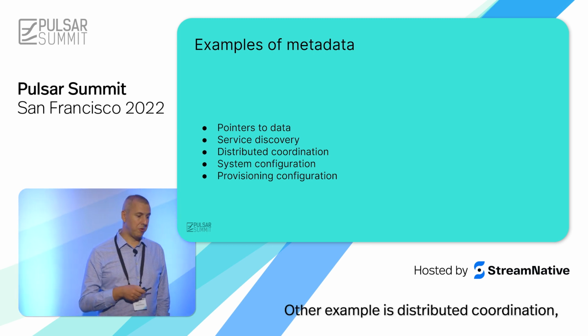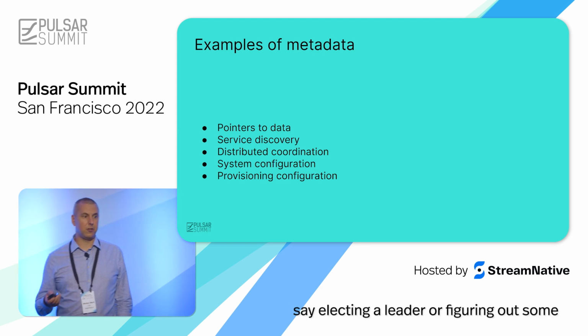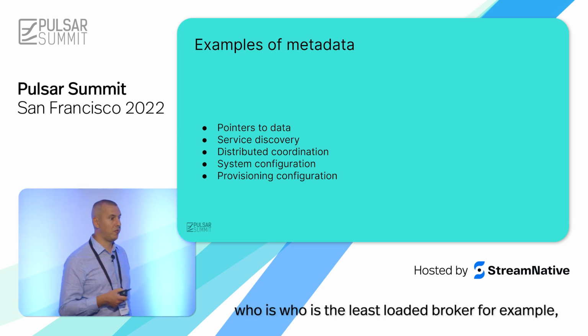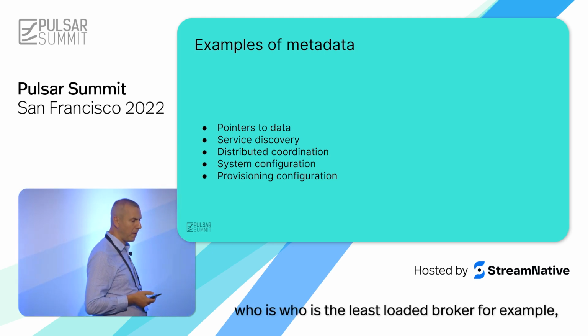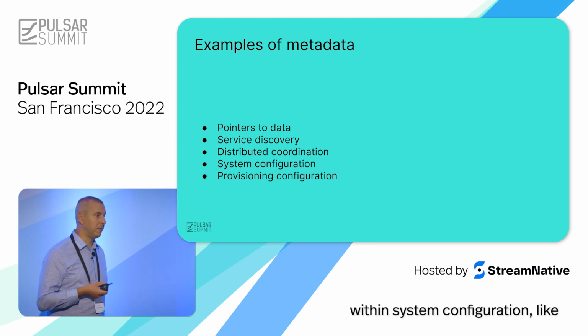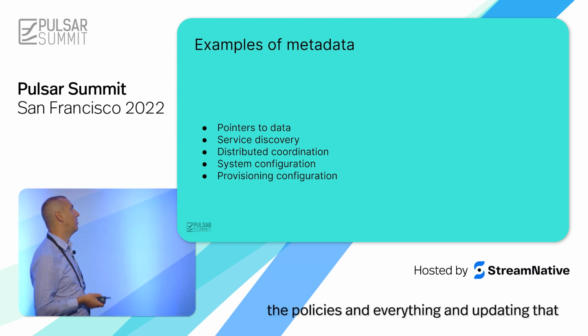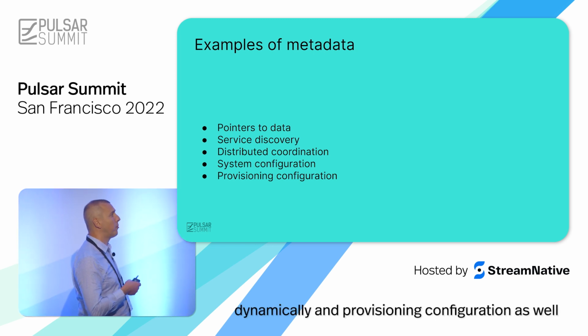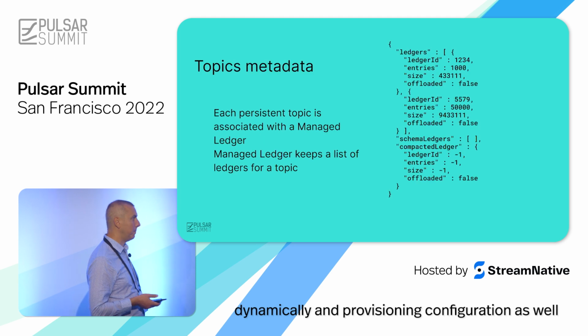Another example is distributed coordination, say electing a leader or figuring out who is the least loaded broker. We've also seen system configuration, like the policies, updating that dynamically, and provisioning configuration as well.